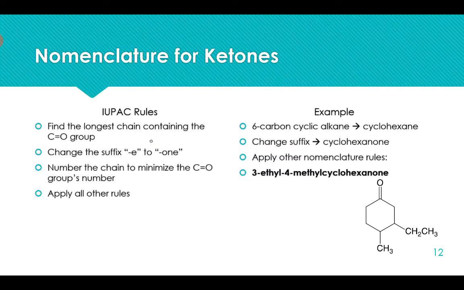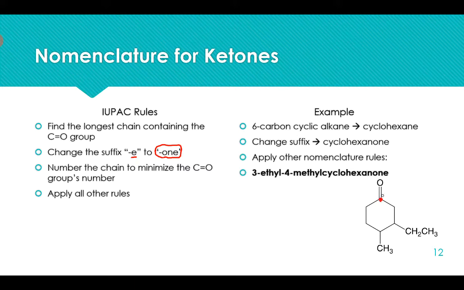Nomenclature rules for ketones. The suffix for a ketone is -one, so you would remove the e and replace it with -one. You do want to include the ketone in your longest chain. This is an example with a cyclic ketone, and so you can see this ketone is part of the ring.